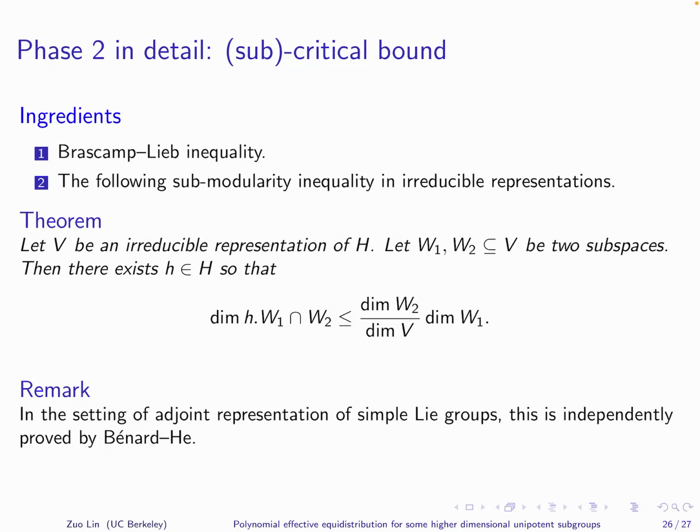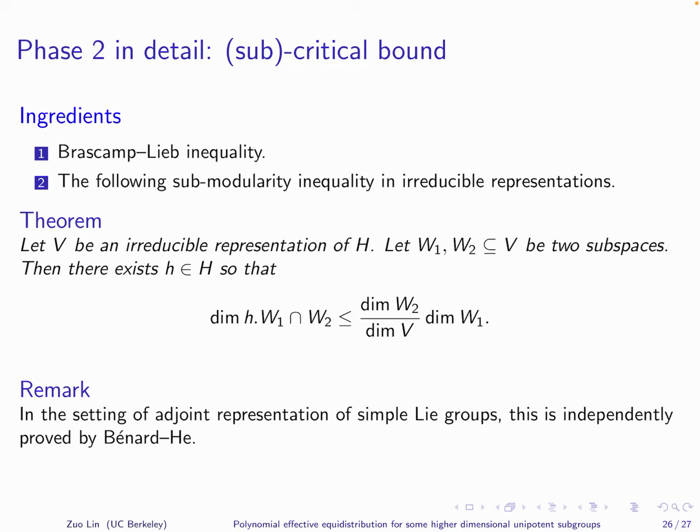The version I wrote here is not exactly the version that I use to apply the Brascamp-Lieb inequality. The version I use is in fact an average version of this, but it is roughly the same as this one. For this one, the H that satisfies this inequality will form a Zariski open dense subset that depends on W1 and W2.